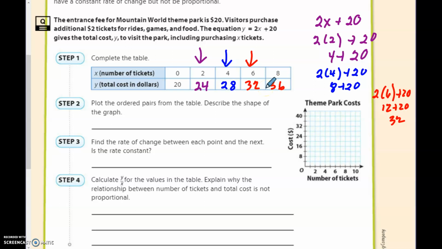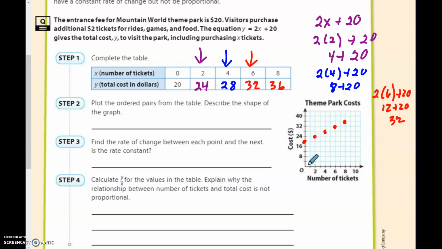Step 2 wants us to plot this. So 0, 20, 2, 24, 4, 28, 6, 32, and 8, 36. Now, am I going to connect these dots?